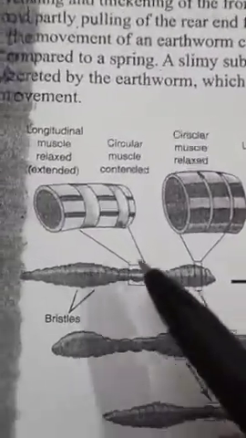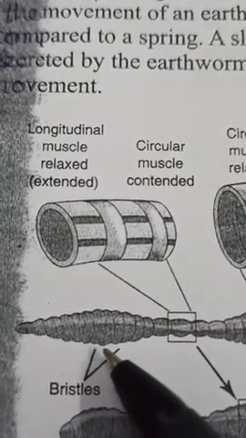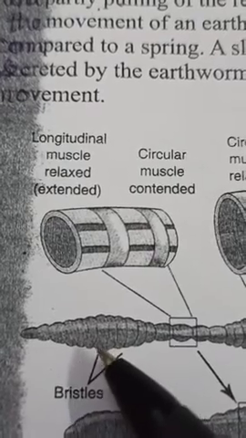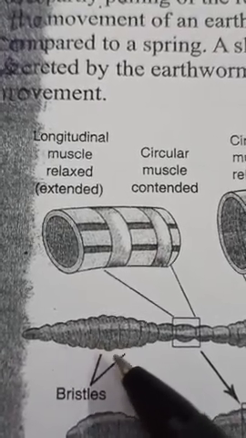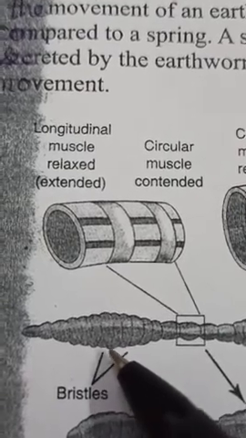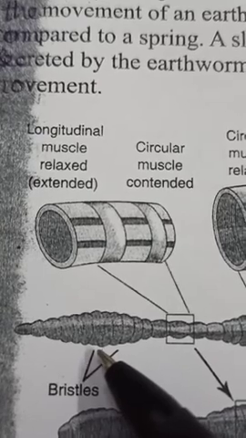So children, here they have shown that in their body these segments have bristles, means hair-like structures, which are very minute and not easily visible.